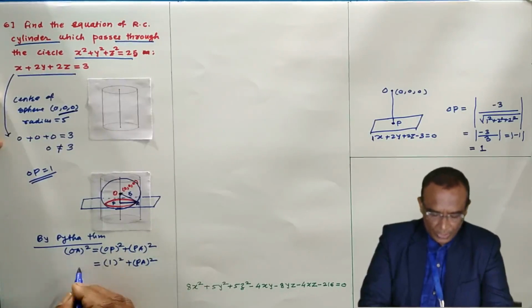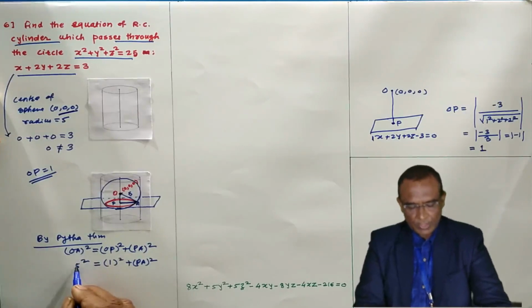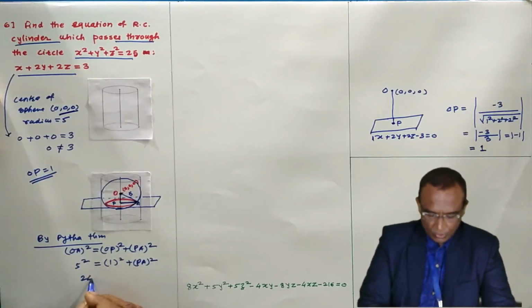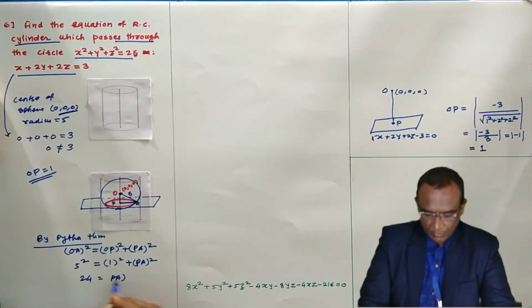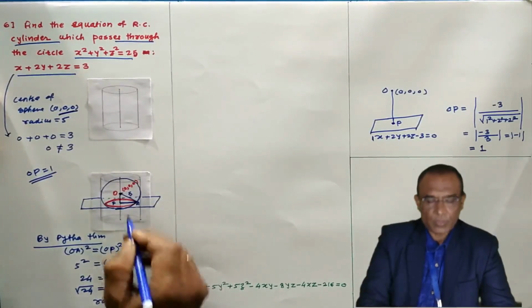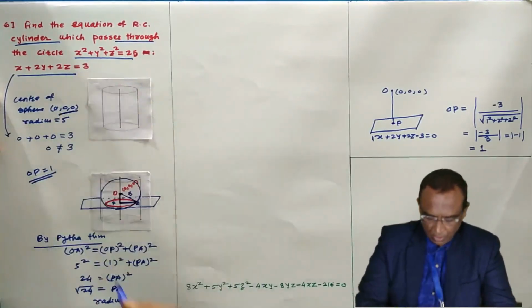OA is the radius of the sphere, it is 5. It is 25 minus 1 is 24, and the radius is the square root of 24. It is the radius of the circle. The circle is the intersection of the sphere and the plane, or the radius of the right circular cylinder.